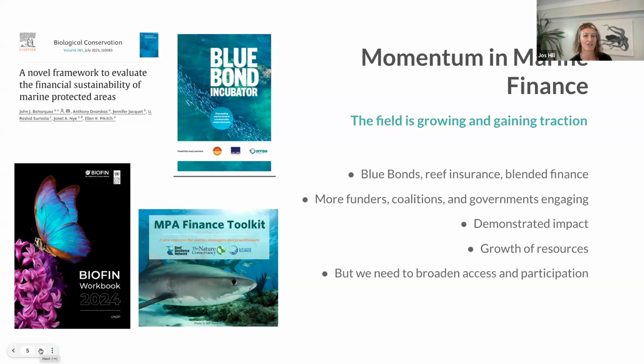I popped a few on this slide as examples: the framework for evaluating financial sustainability of MPAs that John Bohorquez, our other speaker, developed; the BIOFIN workbook, which offers detailed guidance for governments at the national scale for biodiversity finance; a recently launched blue bond incubator; and the Marine Protected Area Finance Toolkit developed by the Reef Resilience Network and Blue Nature Alliance. So the energy is real, but we've got to broaden access and participation.